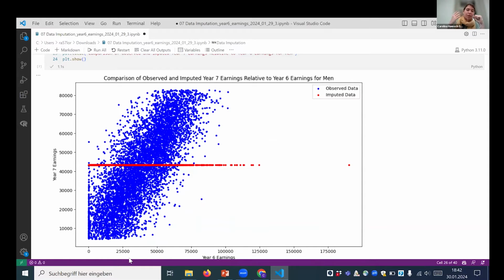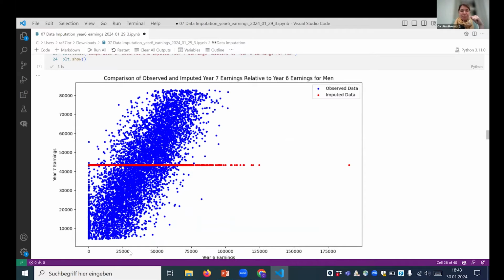And this is actually something that you might want to inspect after imputing values. So a lot of imputation packages offer some plot function like this, where you can compare your observed data here in blue and the imputed data here in red.